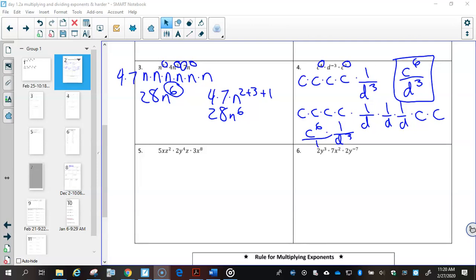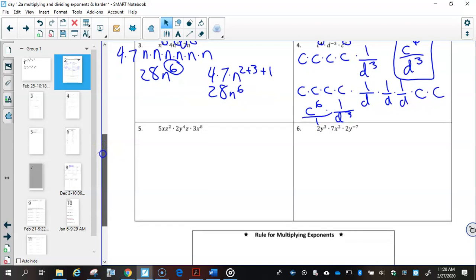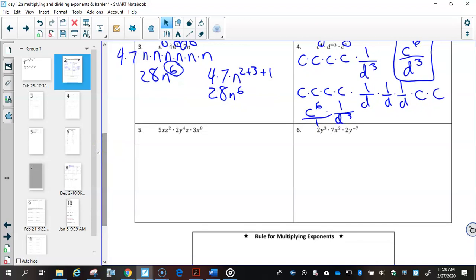Okay. So how could we change that rule of add the exponents if they have different variables? If we couldn't add them when they have different variables? What question are we on?